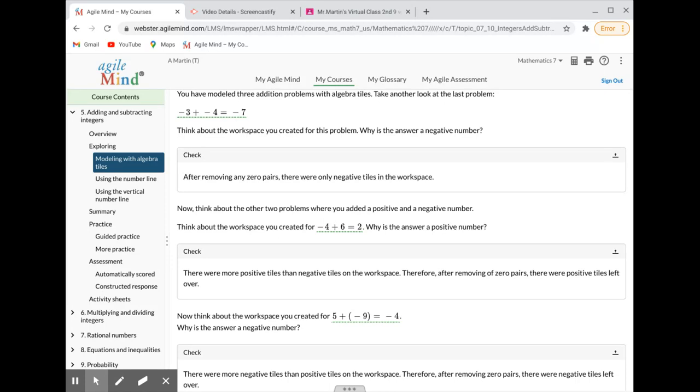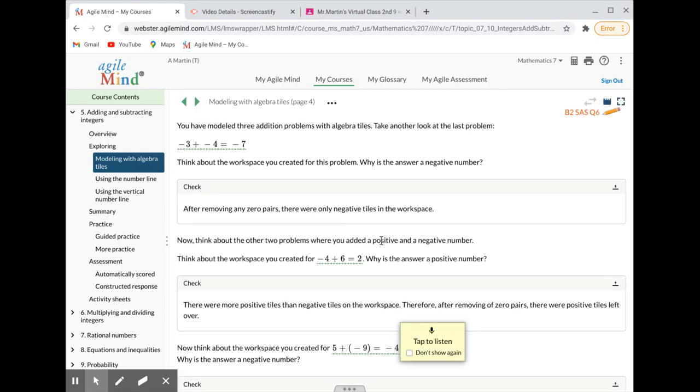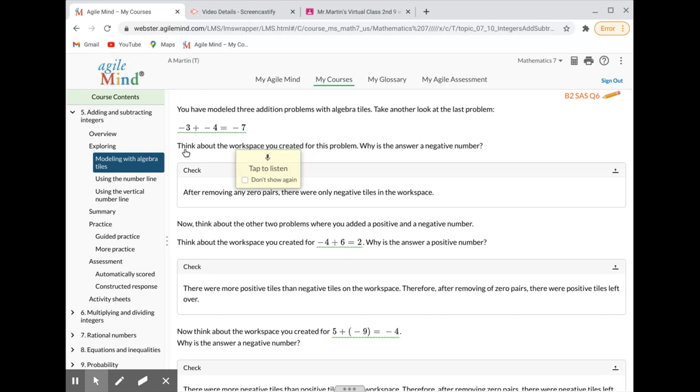All right, so looking at this, out of what we've looked at so far, we have -3 and -4. These both have the same sign, right? Since they both have the same sign, that means that our answer is going to be negative.